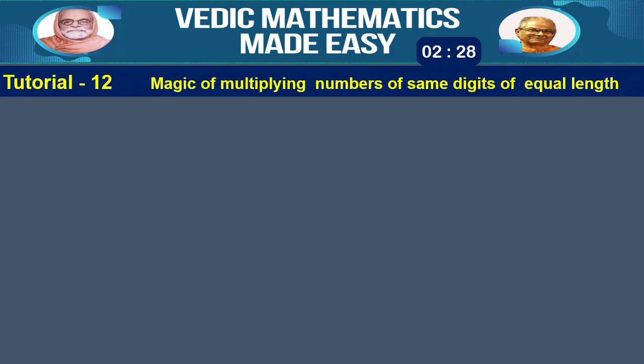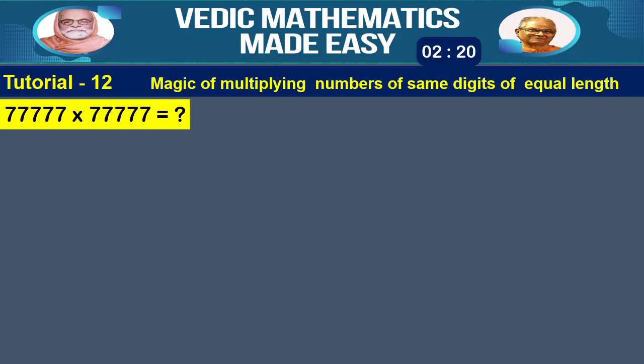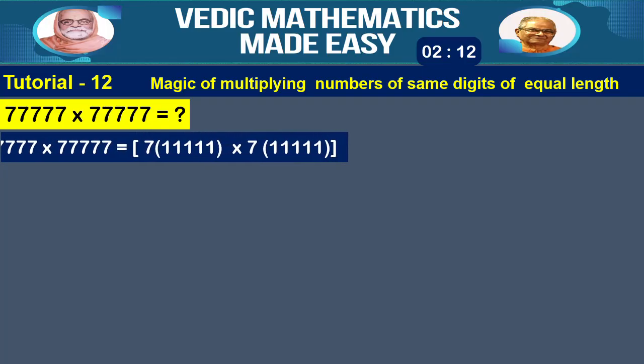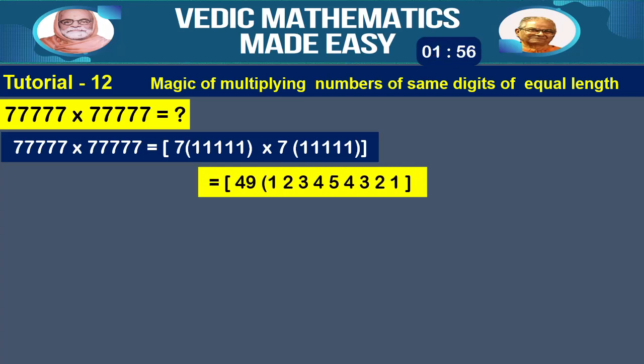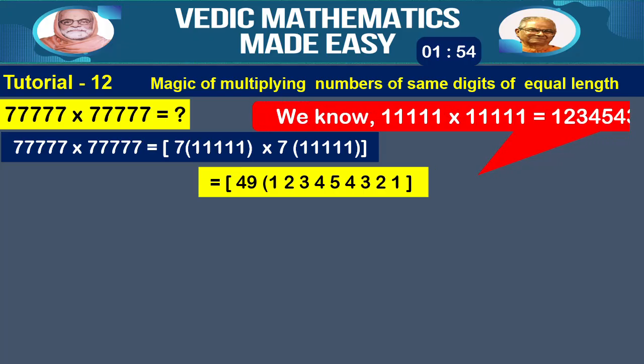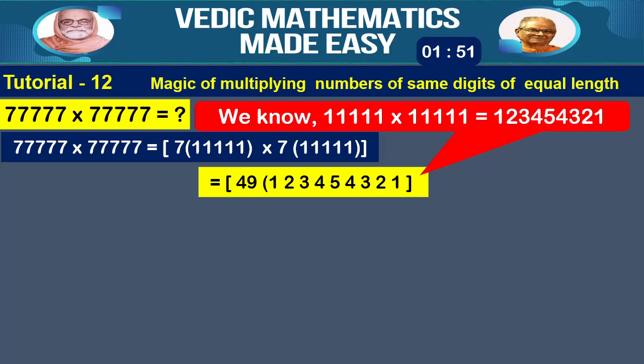Finally, friends, we shall multiply 5-digit numbers. Consider to multiply 77777 into 77777. In the given numbers, let us take 7 outside the bracket. Then we get 7 into bracket 11111 into 7 into bracket 11111, and that is equal to 49 into bracket 123454321.